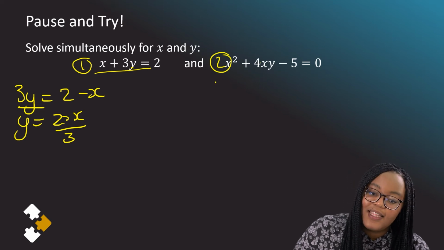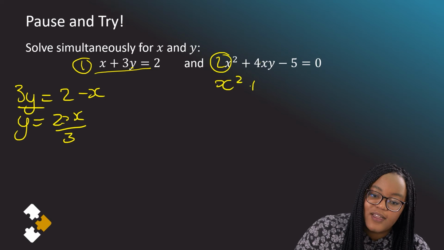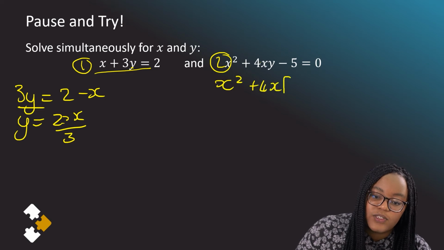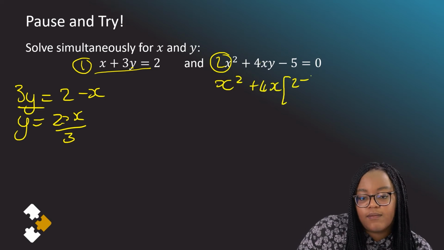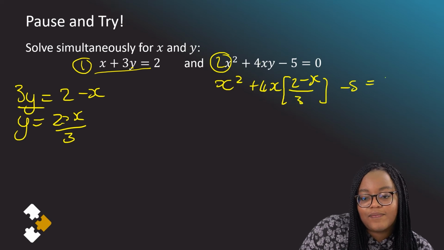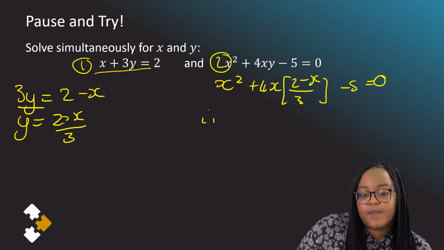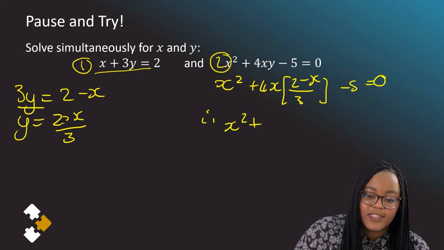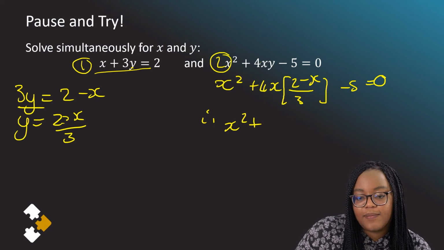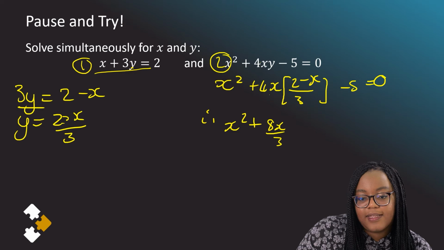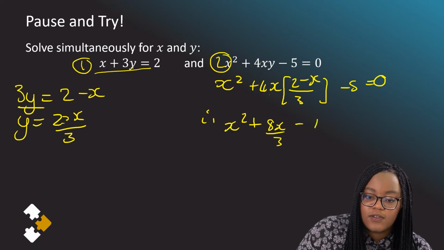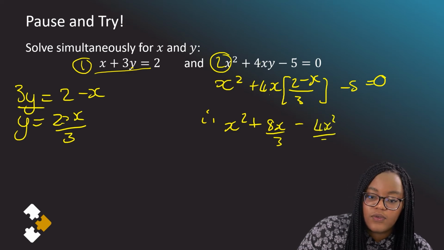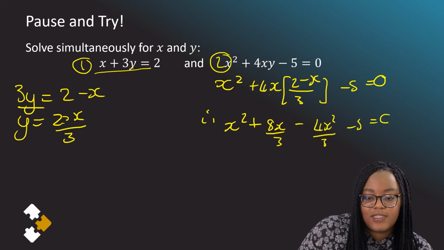In plugging that in, we're going to get x squared plus 4x, which is multiplied by (2 minus x) over 3, minus 5 is equal to 0. Therefore, we get x squared plus 4x multiplied by 2, which is 8x over 3, and 4x multiplied by negative x, which is minus 4x squared over 3, minus 5 is equal to 0.